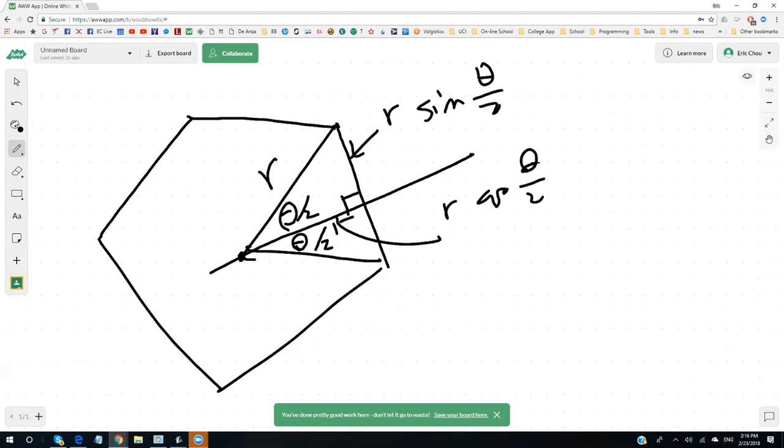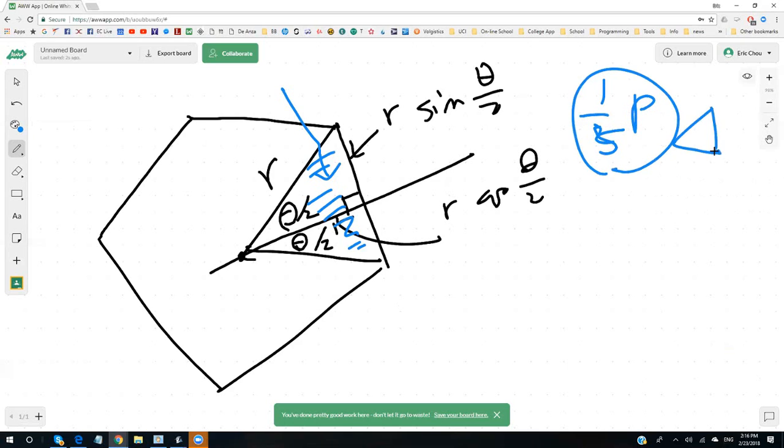So the area for this group, this 1/5 of the pentagon, this blue triangle, equals half r sine half theta.